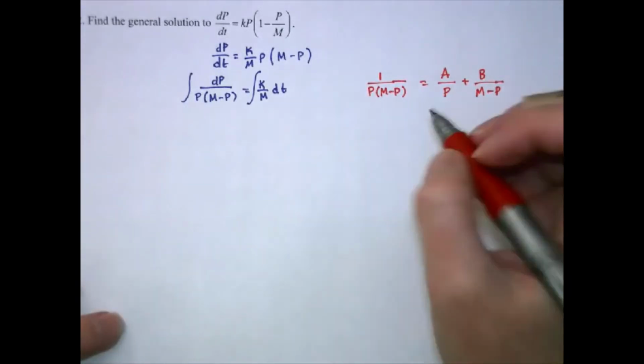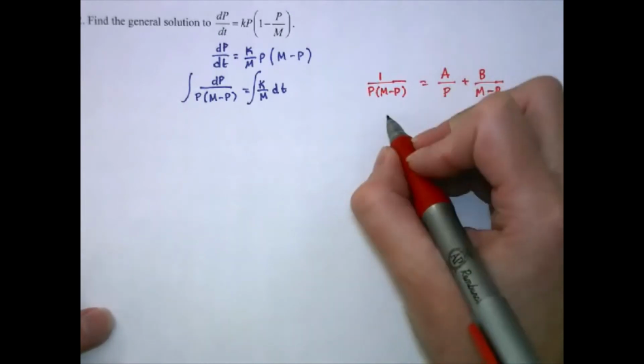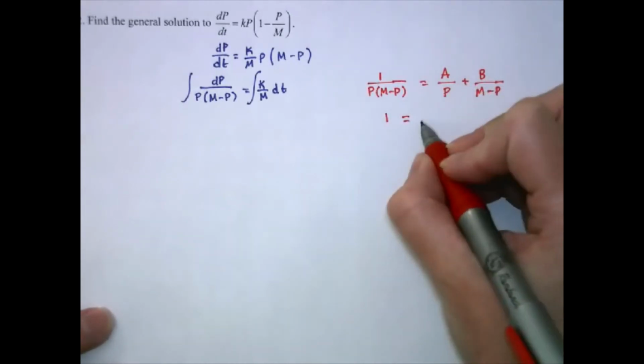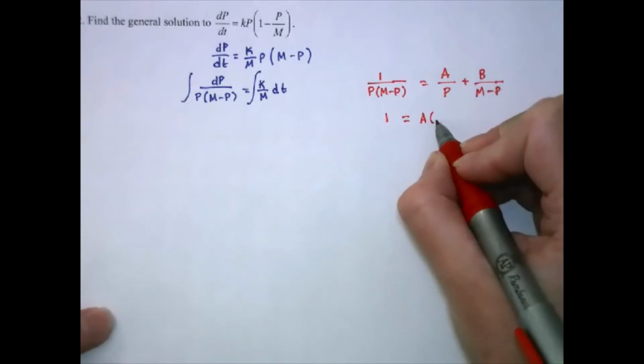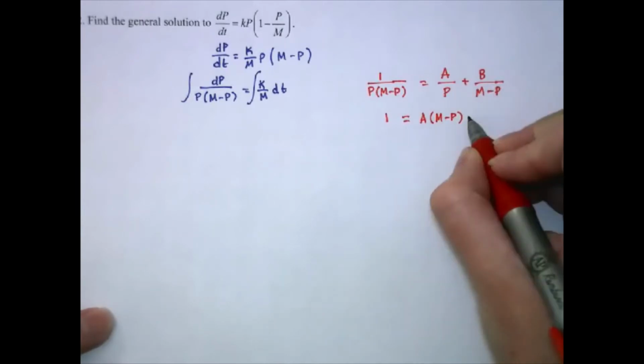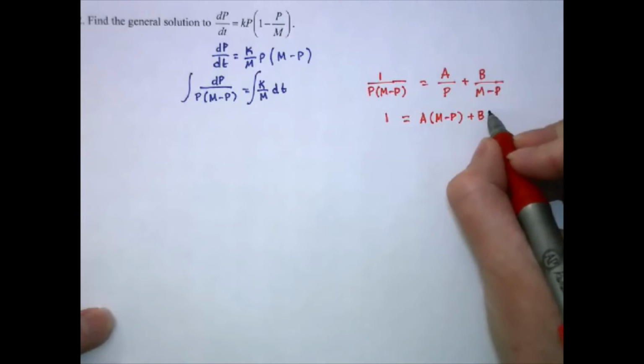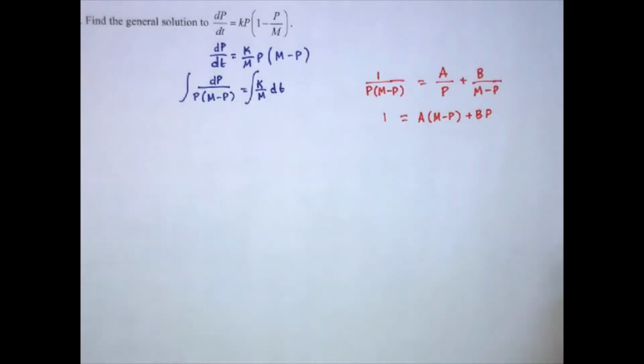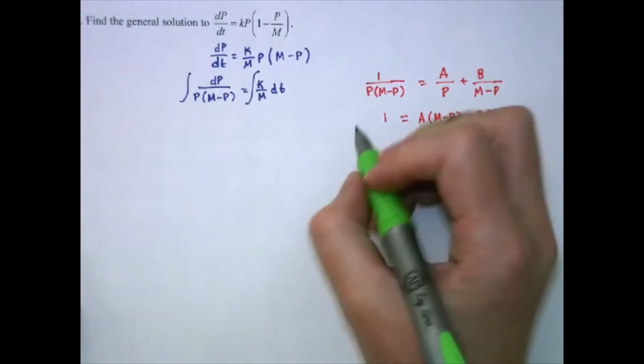All right, so my equation, to get a common denominator, that means 1 is going to equal a times m minus p plus p times b.